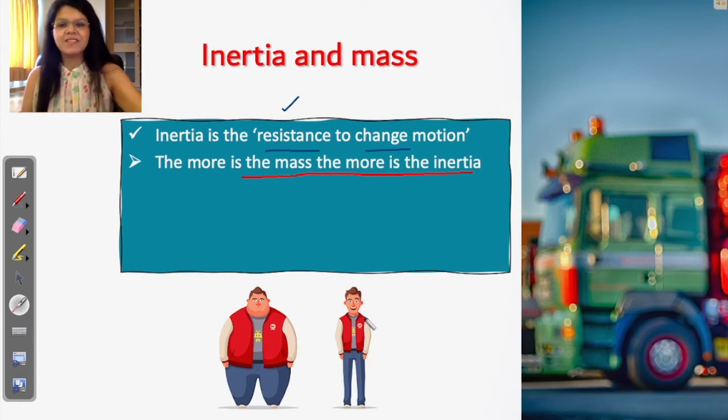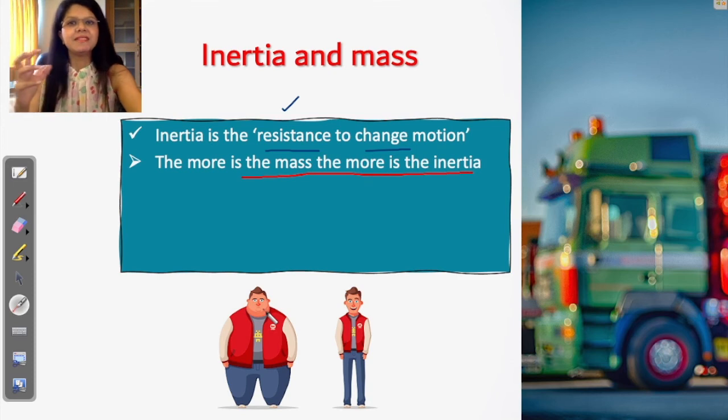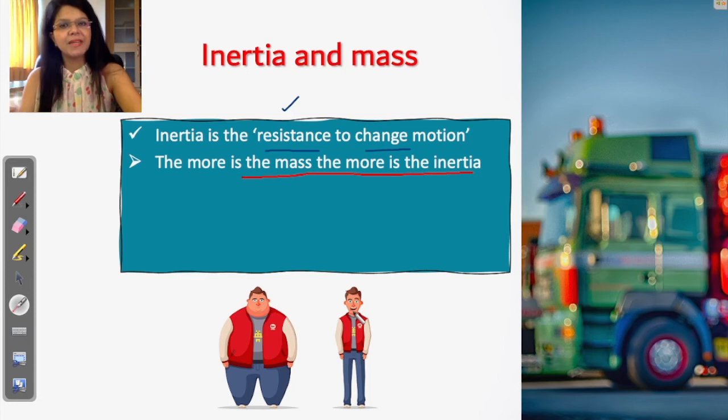Similarly, if this fat person is already moving and you push him, it will be very difficult to change his direction, to change his speed because he is heavy. Whereas if a lightweight person is already moving and you push him, he might fall down. So changing the speed, changing the direction of the motion is also easy when the mass is less.